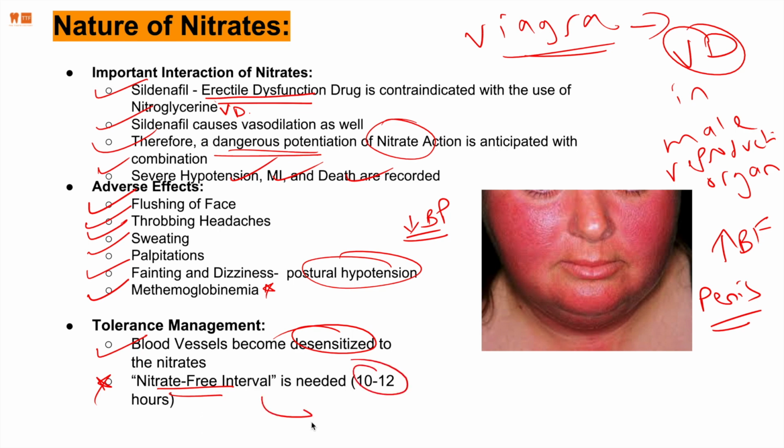But I need you guys to focus on this. When you don't take nitroglycerin at night, your blood vessels come back to normal. And when you wake up, guess what happens in the circadian rhythm?